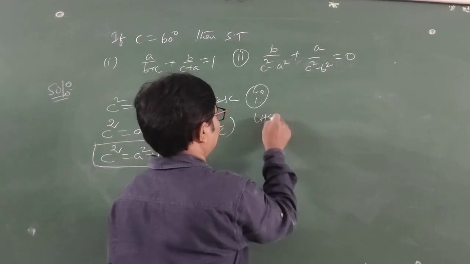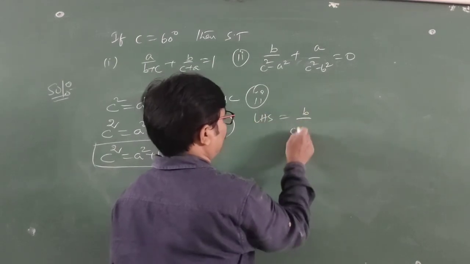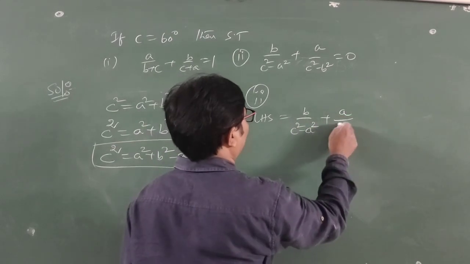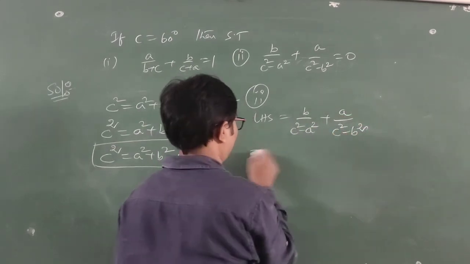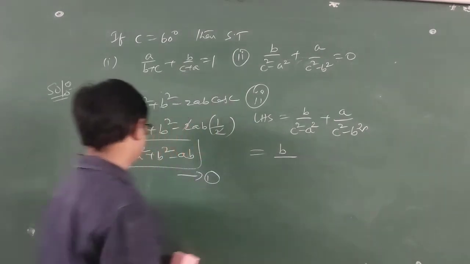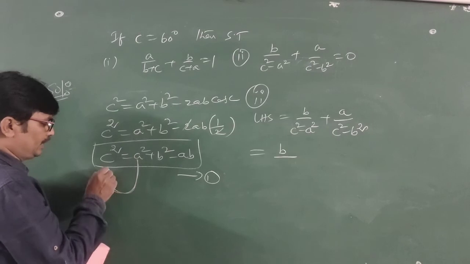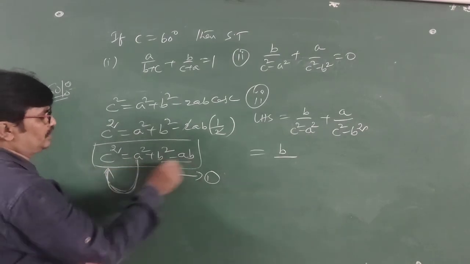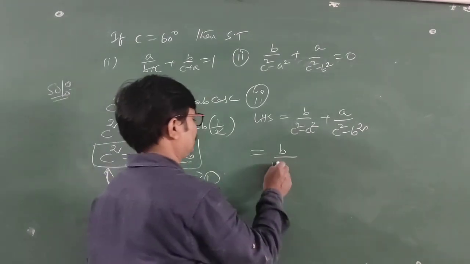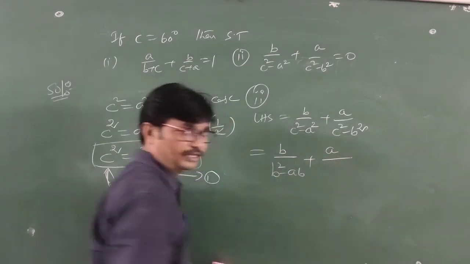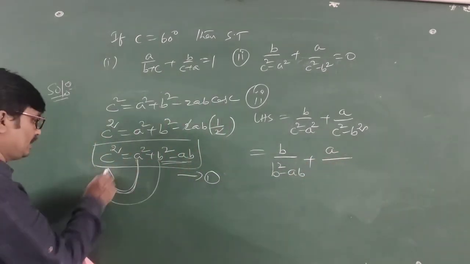Now question number 2, the left hand side, students: b/(c²−a²) − a/(c²−b²). From equation 1, c² − a² is b² − ab. A upon, dear students, c² − b².